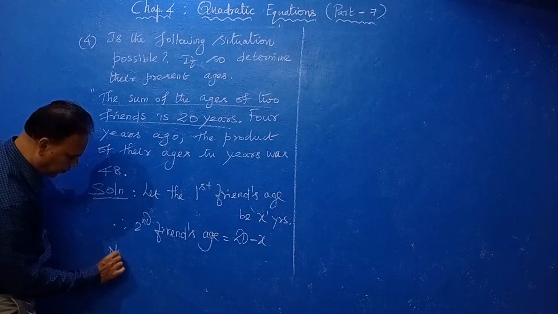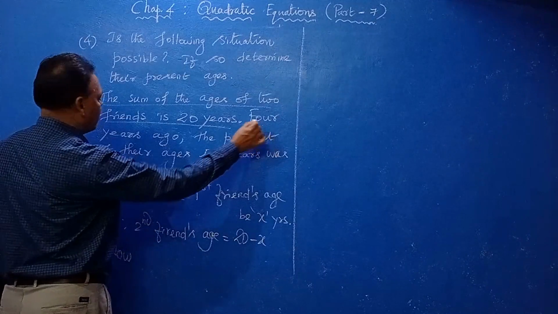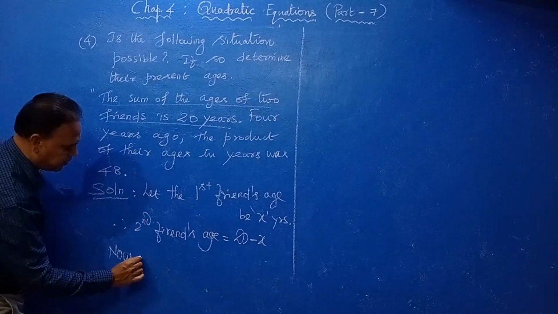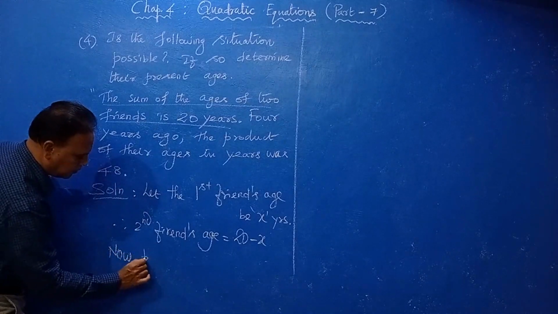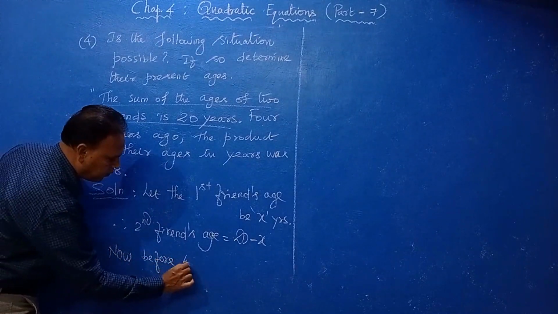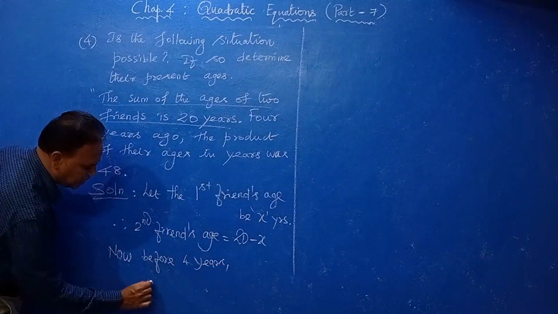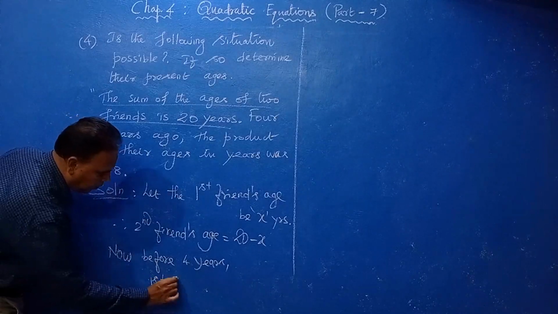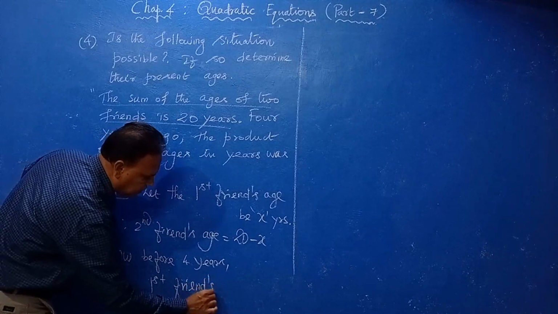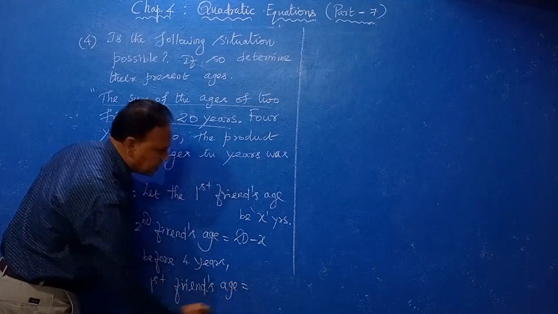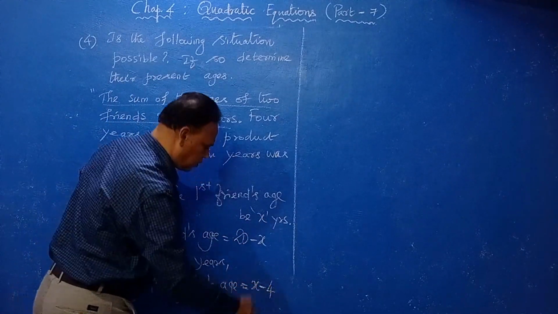Now, one more condition is given: 4 years ago, that is before 4 years. What is the first friend's age? You have to calculate. The first friend's age is x minus 4. You have to subtract 4. Clear?